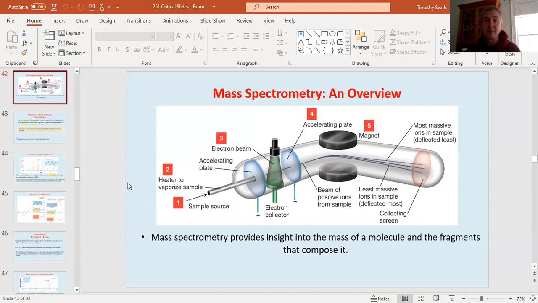In the third step, it's accelerated through this vacuum tube. And in step four, it's deflected through a magnet, so that in step five, it hits a detector. Now, that's incredibly powerful. Even if that was all you got out of it, that would be really powerful.